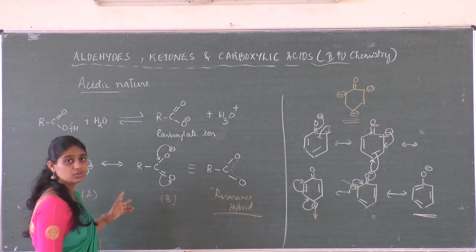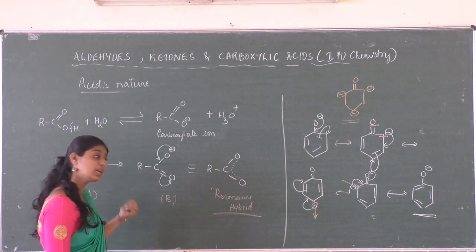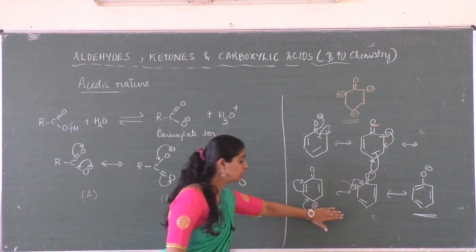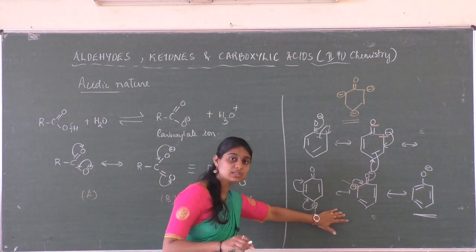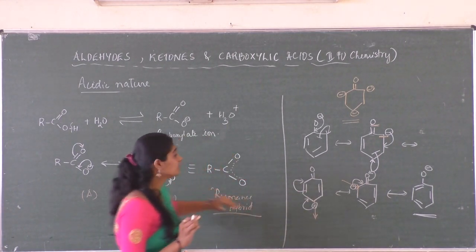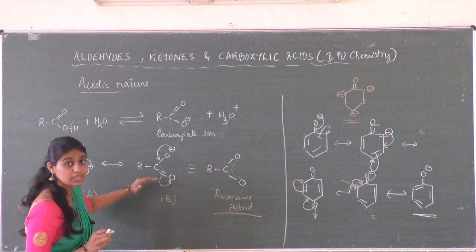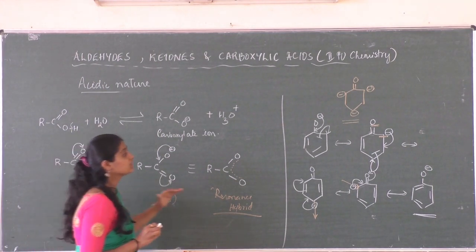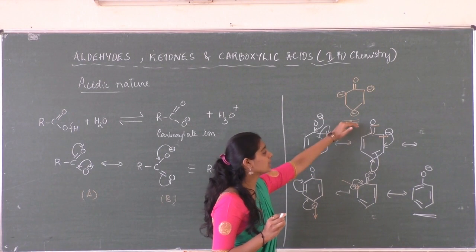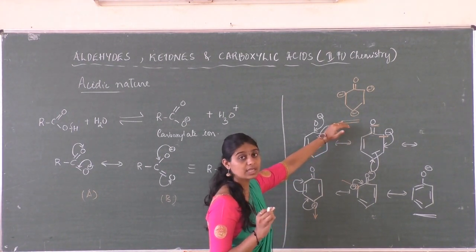Because of these two reasons, one is the presence of two equivalent resonance structures, since in the case of phenoxide it has resonance structures but not equivalent ones. And second, here the negative charge is delocalized on the more electronegative oxygen atom, whereas in the case of phenoxide ion the negative charge is delocalized on the less electronegative carbon atom.